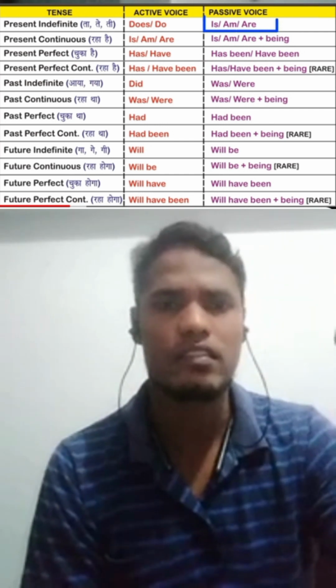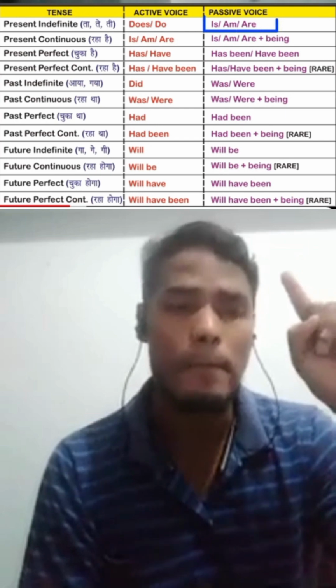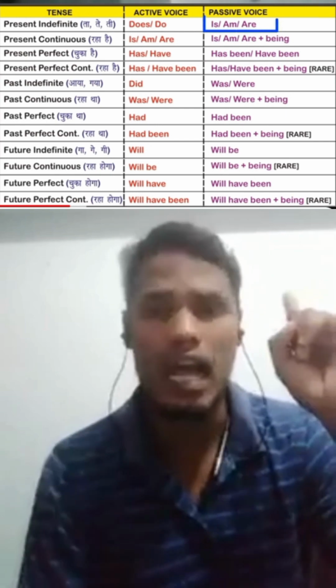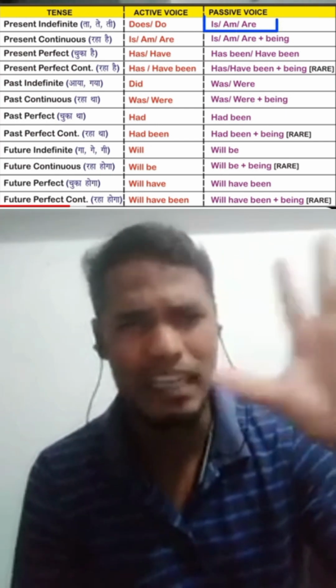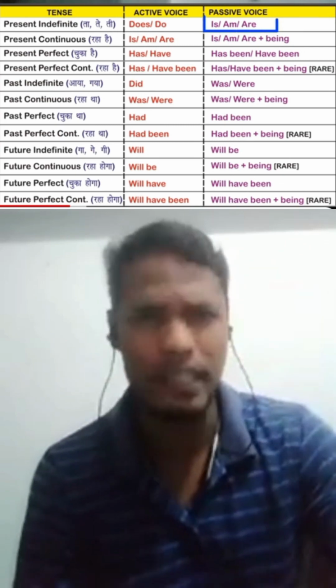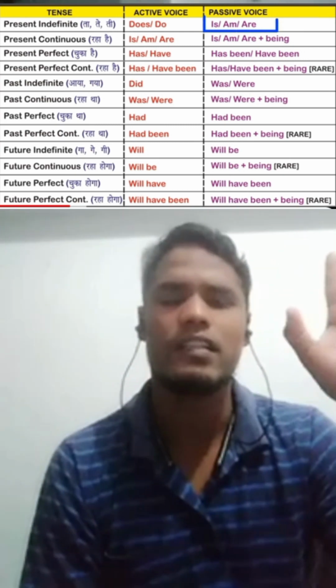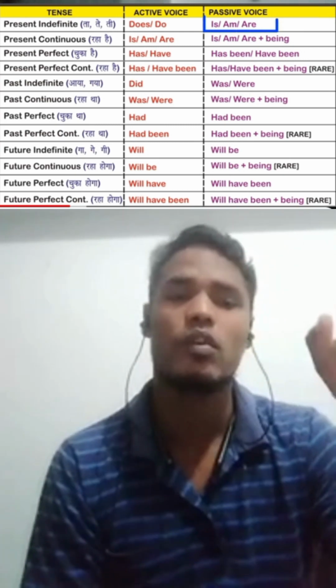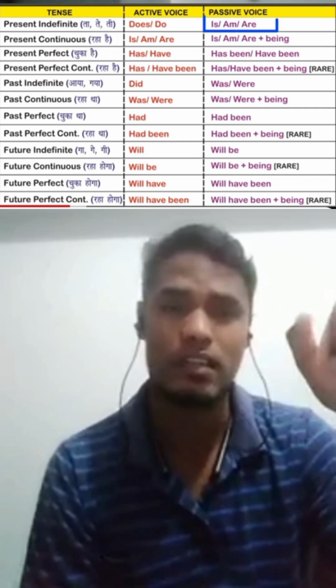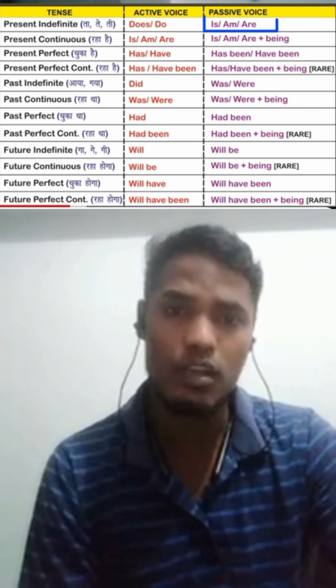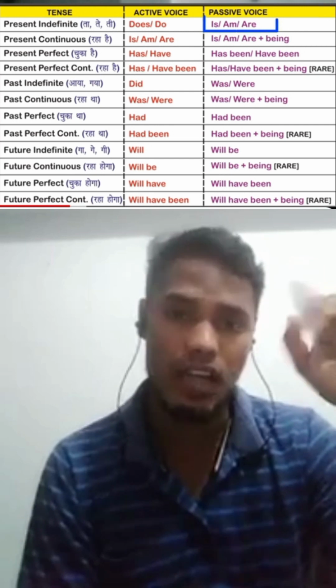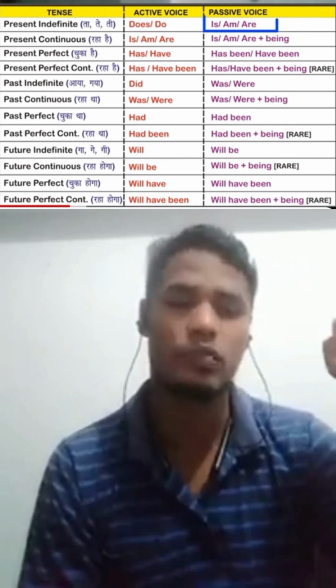Have and has. In passive voice we use has been and have been, and rarely plus being. Then past perfect continuous, we use has been and have been; there also we use have been and has been plus being.